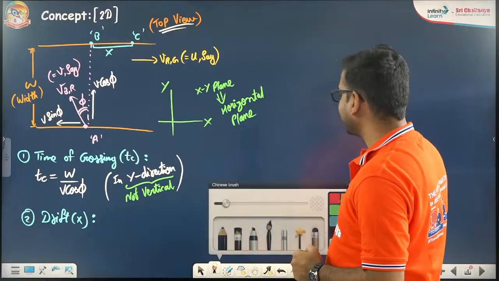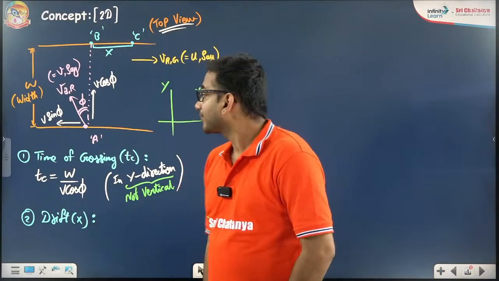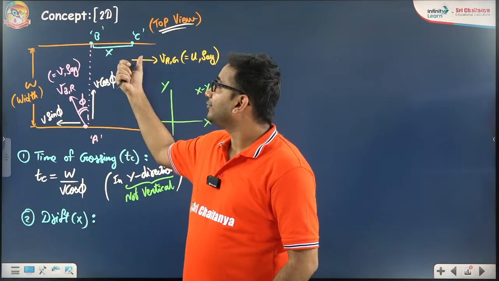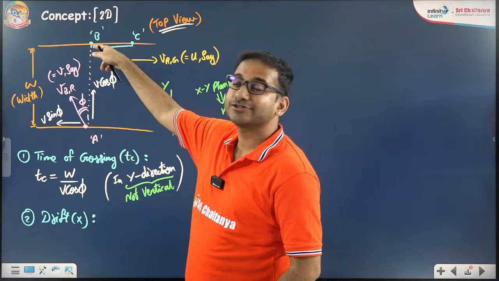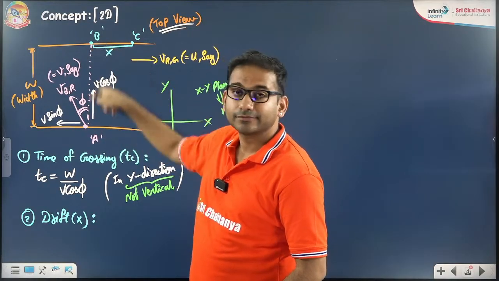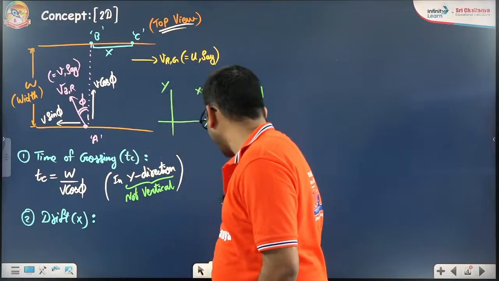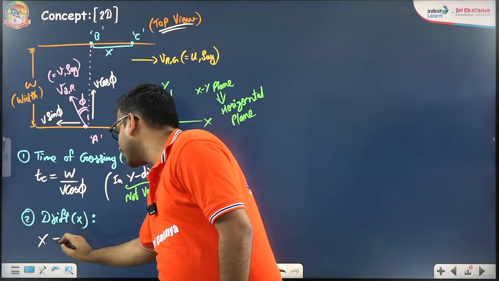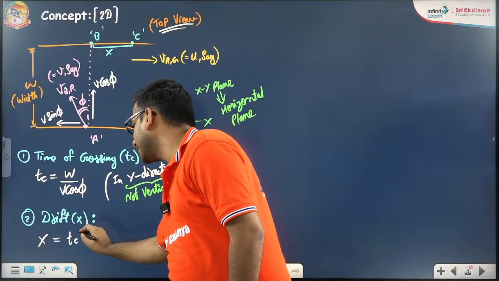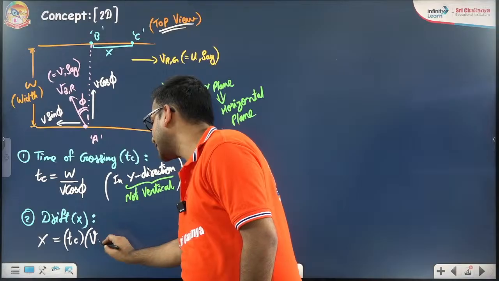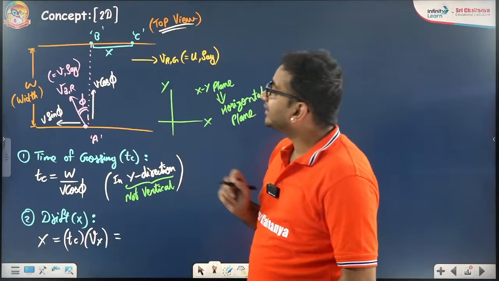Now suppose we are interested in the x-axis drift. So this distance will be the time it takes to reach from here to there, which we have already calculated, into speed. So this drift x is going to be equal to time of crossing into speed in x direction. Now what is the speed in x direction?